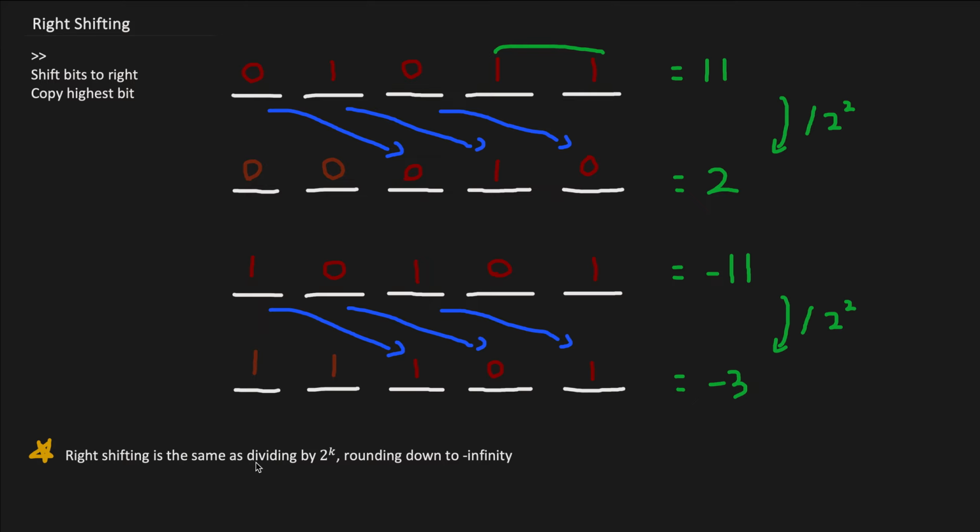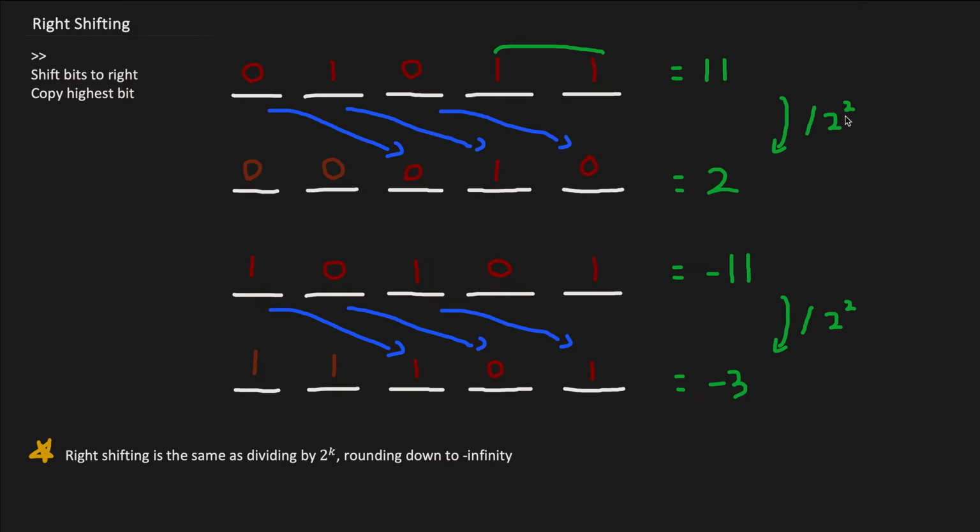Right shifting is different from left shifting, as now you're dividing by 2 to the number of times you shifted the number, but you're also rounding down to negative infinity. So in our top example, we originally had 11, and when we shifted right twice, we divided by 2 squared.